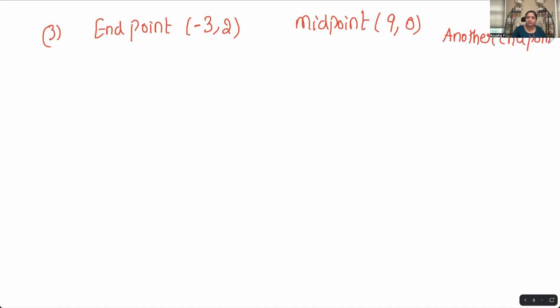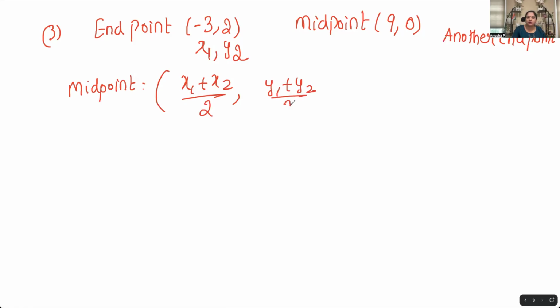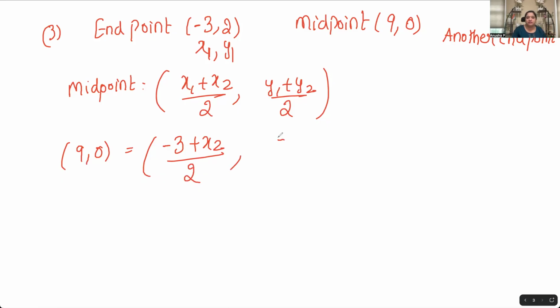We can consider the given endpoint as x1 comma y1, and this is M. The formula for the midpoint is x1 plus x2 over 2 comma y1 plus y2 over 2. M, which is 9 comma 0, is equal to minus 3 plus x2, which we don't know, over 2 comma y1, which is 2, plus y2 divided by 2.